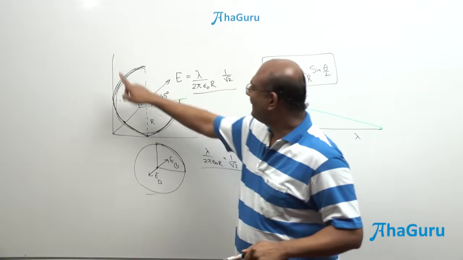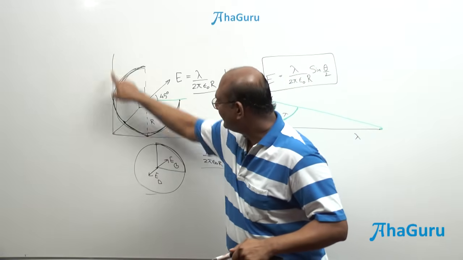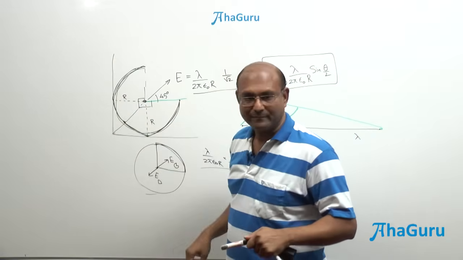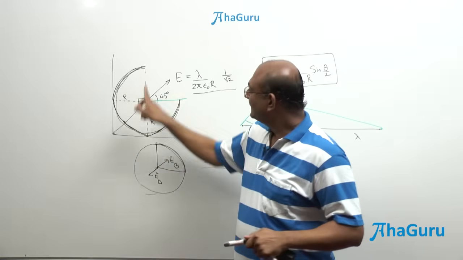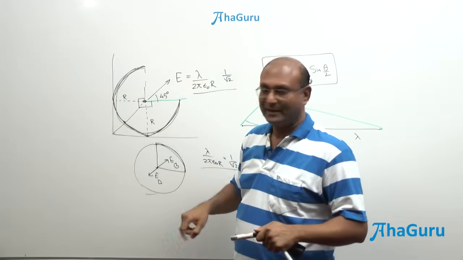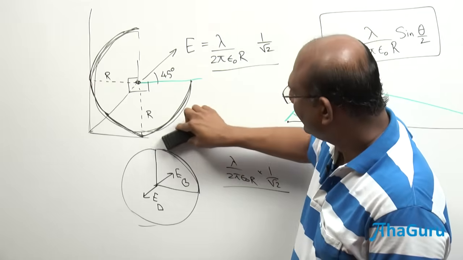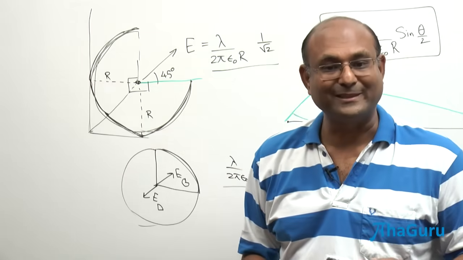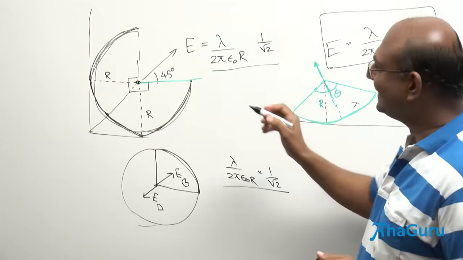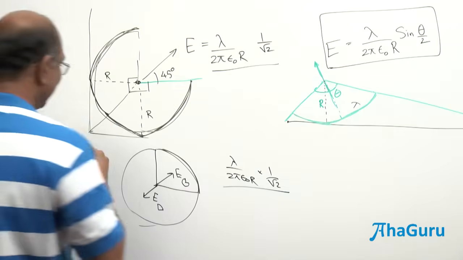Okay, and if in fact I wanted the answer for this, if it was infinite and this was r and this was 45 degrees, that would be the answer for this piece. And if I wanted it only till this point, that means I didn't have this, the answer would be the same as for a semicircle. So what is interesting therefore, let me state that again here.